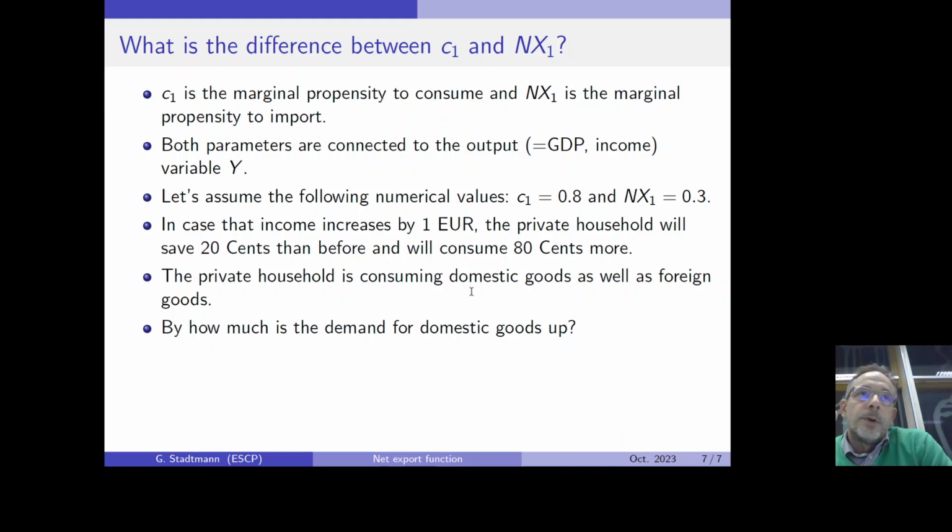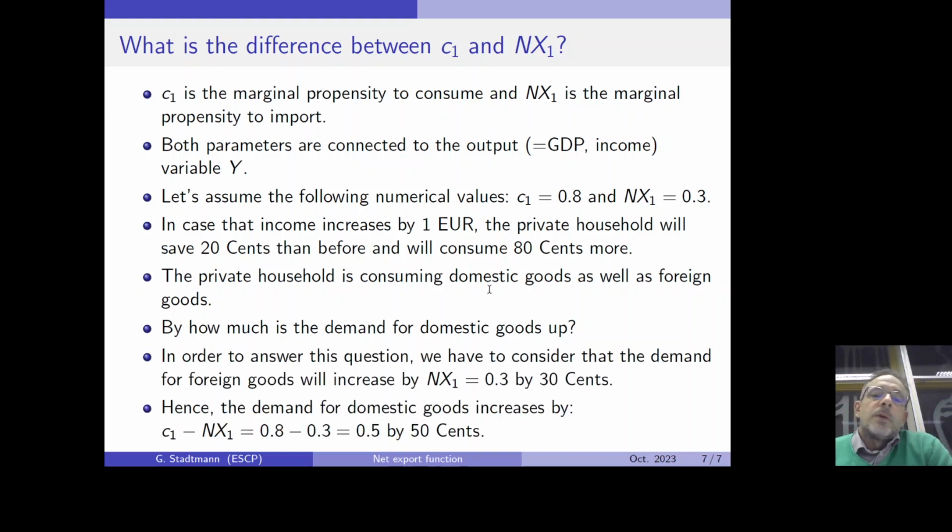So the marginal propensity to consume is splitting up additional income into savings and consumption. The private households in our model will consume domestic goods as well as foreign goods. And now the big question is, how are these 80 cents split up for domestic goods and foreign goods?